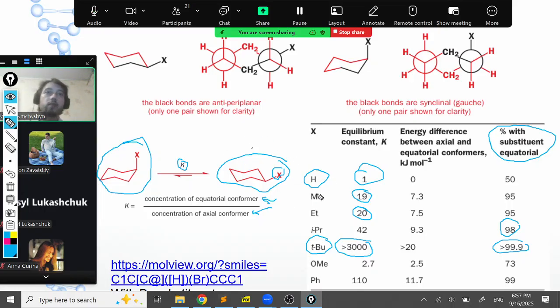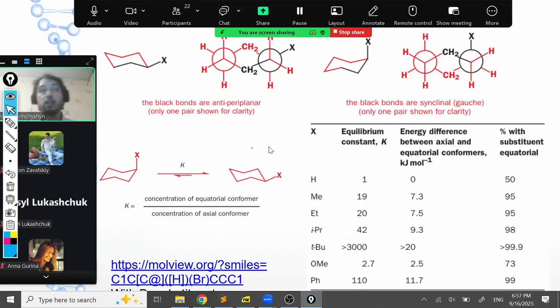In case we have some smaller groups, it may not be so favored by the equatorial position. We may see some effects of that if we consider certain reactions that go when the substituent is only in the axial position, or only in the equatorial position. So that depends. Some reactions that may potentially go will not go just because you don't have this axially positioned conformer. So that's exactly what I mean.